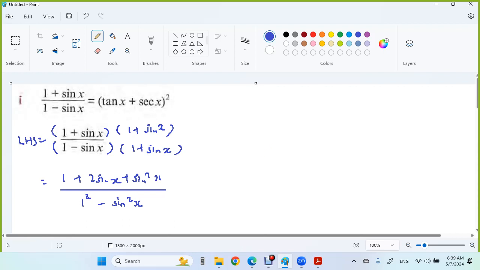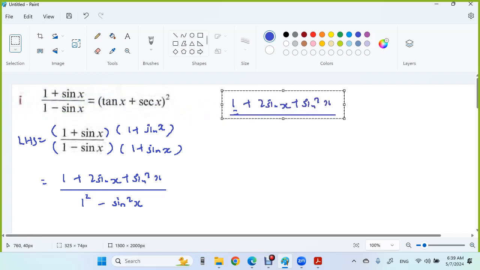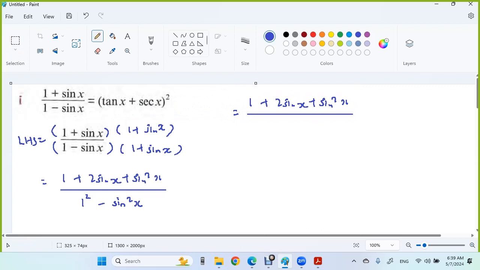Okay, then this will be the 1 plus 2 sine x plus sine square over cos square x.